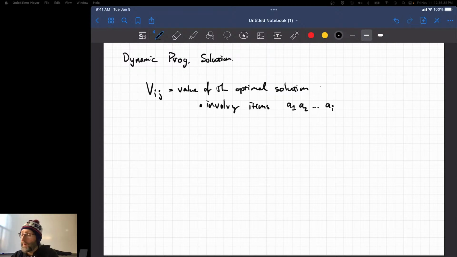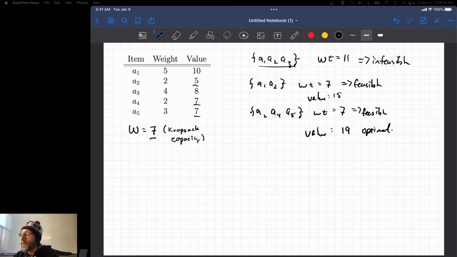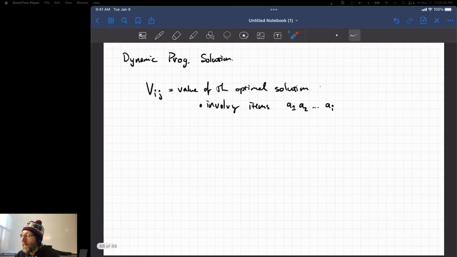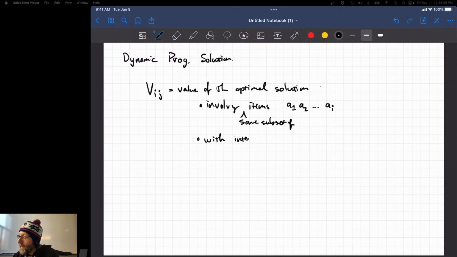So it might be some subset of that. You're not going to be able to take everything. Just like we saw here, I wasn't able to take the first 3 elements. Once I took the first 2, that was it. I've reached my weight capacity, and I'm not going to be able to take A3, A4, A5. So it's going to be involving some subset of A1 through AI with intermediate weight capacity of J. In other words, I'm going to artificially limit your weight.